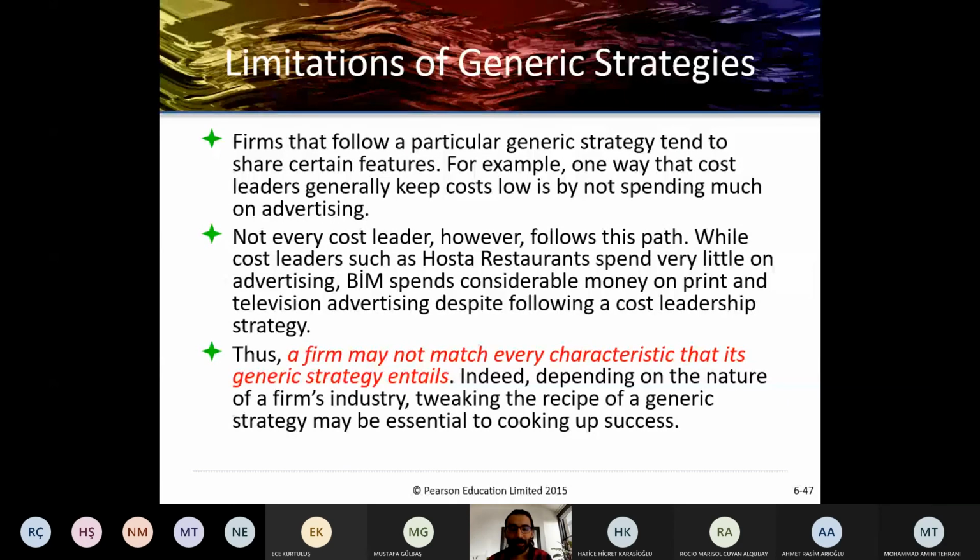But when you look at BIM, they spend considerable money on television advertising and print advertising. But they also follow a cost leadership strategy. So a firm could engage both characteristics. The industry has a huge impact on that. Not every industry follows the same rules, same characteristics, same strategies.